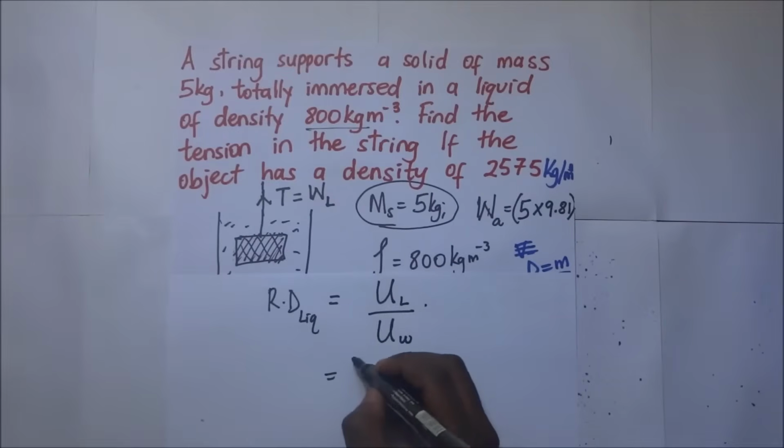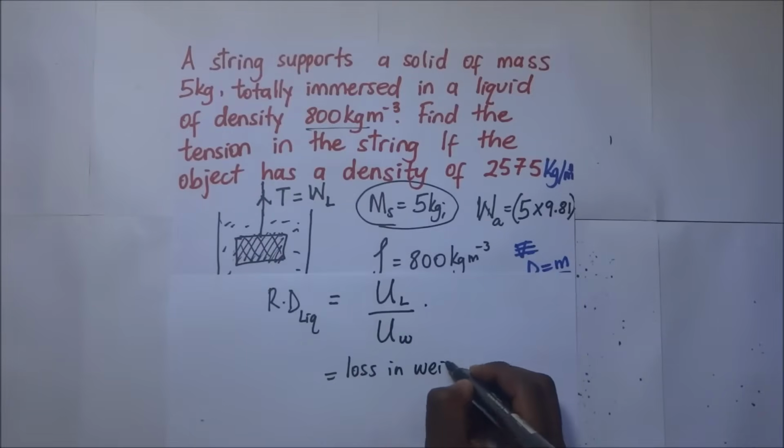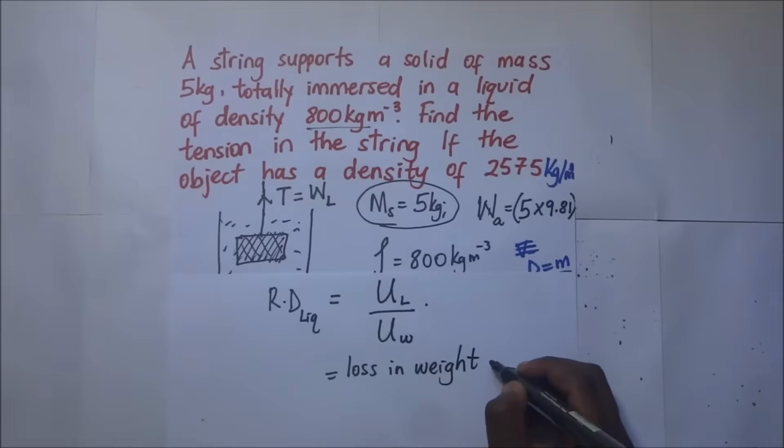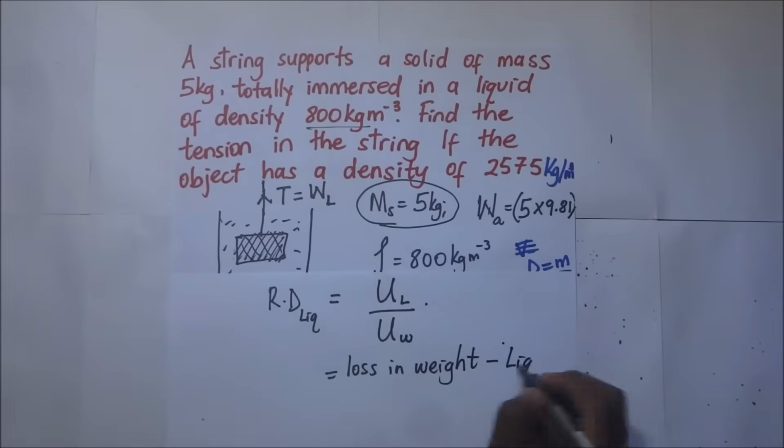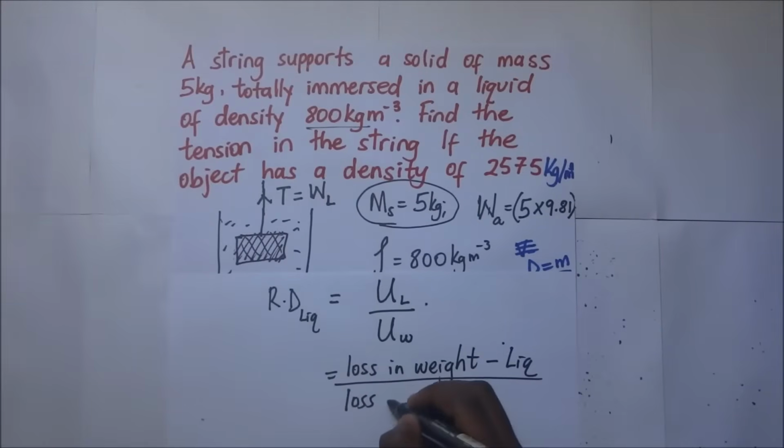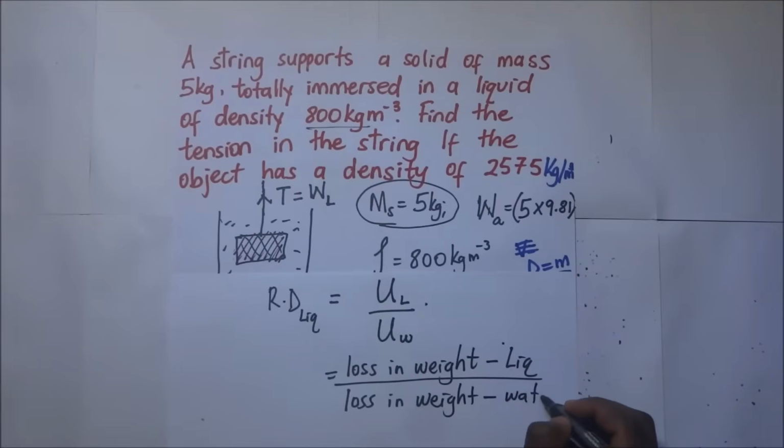And this upthrust, we are talking about the apparent loss in weight of that solid when it is in liquid, given by the apparent loss in weight when it is in water, the solid. So this is given by, of course, the weight of the solid when it is in air minus the weight of that solid when it is in the liquid, divided by the weight of that solid when it is in air minus the weight of that solid when it is in water. That is the relative density of the liquid.